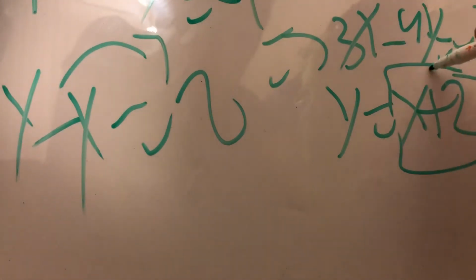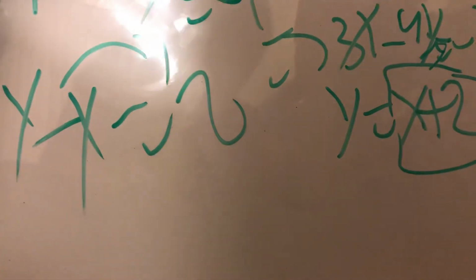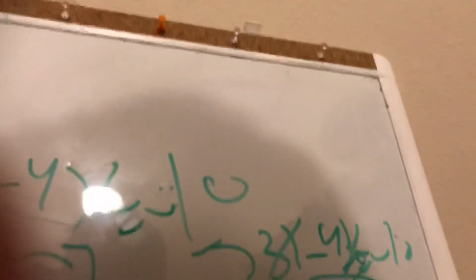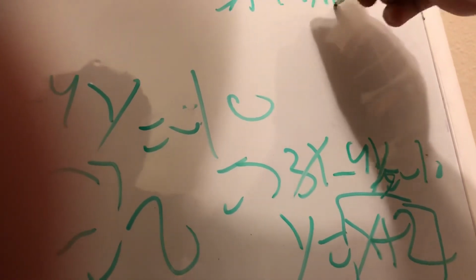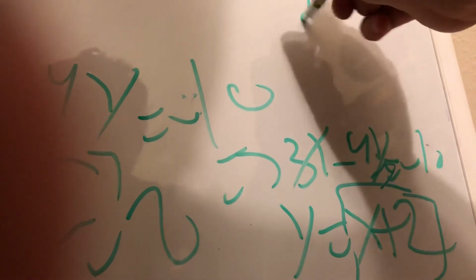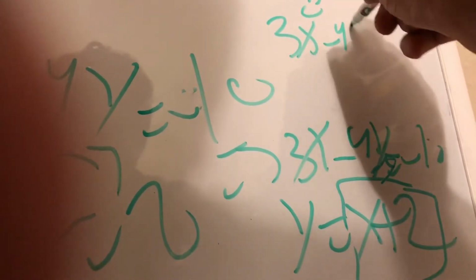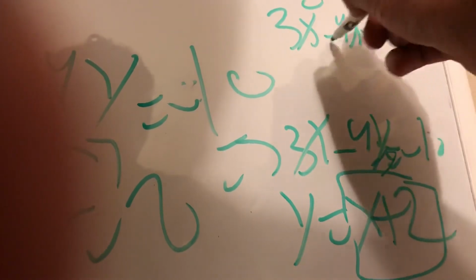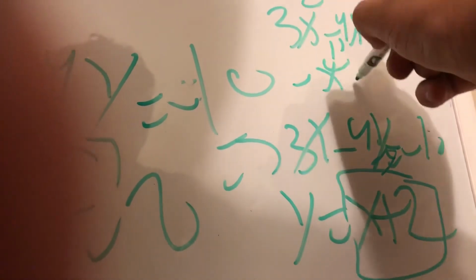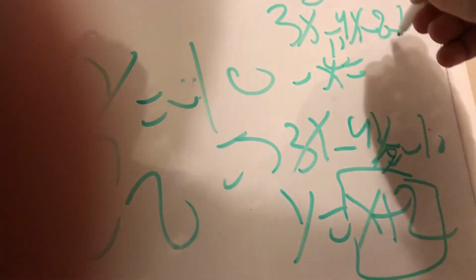So we're going to put, in place of y, 3x minus 4(x plus 2) equals negative 10, and it's going to be 3x minus 4x minus 8 equals negative 10. It's going to be negative x equals negative 2, because this one moves here, and so x is equal to 2.